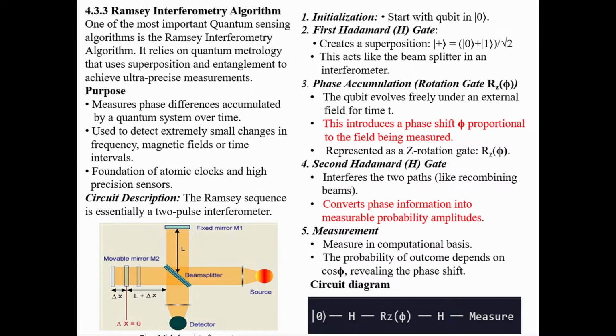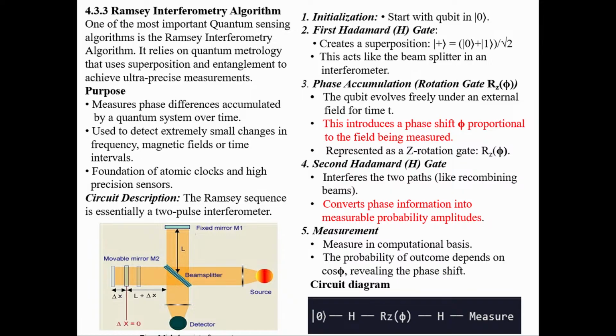Initialization starts with a qubit in the 0 ket, and then you apply a Hadamard gate, so that will give the plus ket, a superposition of the two kets, 0 ket and 1 ket. Superposition has come here, and then apply this phase. What does it mean actually? It works as a beam splitter. In a normal interferometer, you have a light and a beam splitter. One part goes to the fixed mirror and another to the moving mirror.